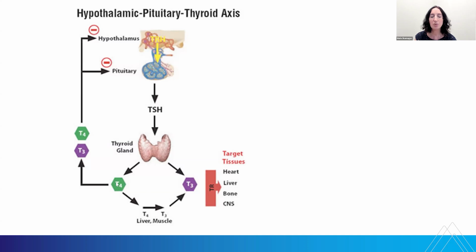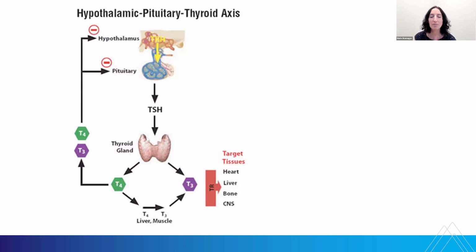When the T4 level is high, it will feed back and inhibit TRH and TSH from the pituitary, which will then lead to normalization of T4. If the T4 and T3 levels are low, however, those will stimulate release of TRH and TSH, which then stimulates the thyroid gland to make more T4 and T3. And once that normalizes, then TSH will normalize.